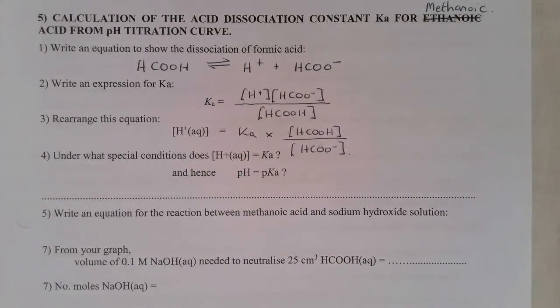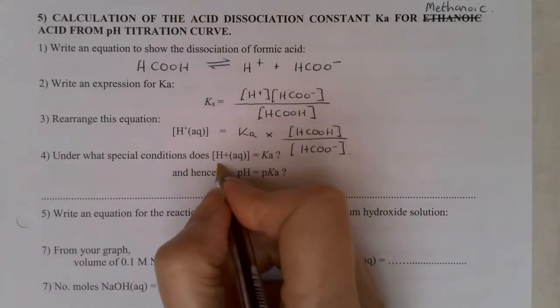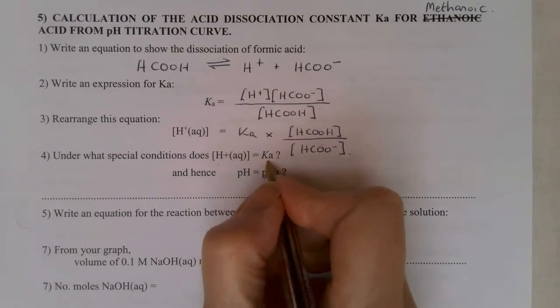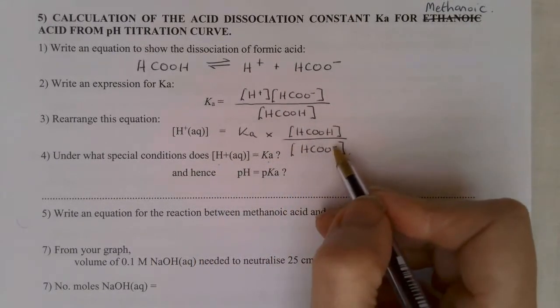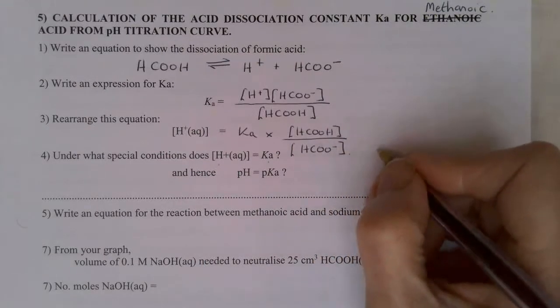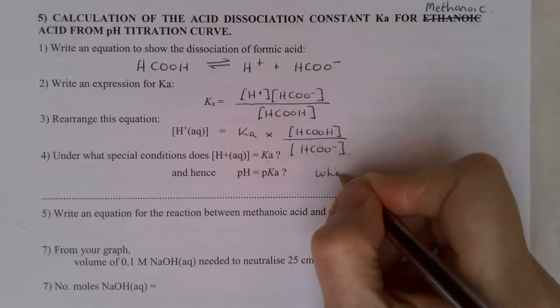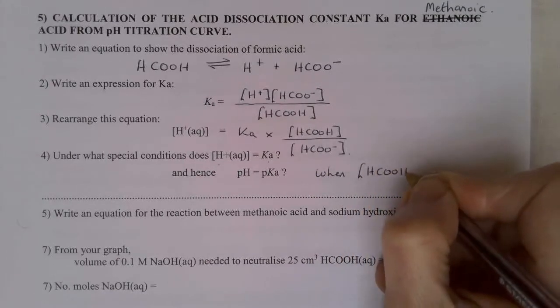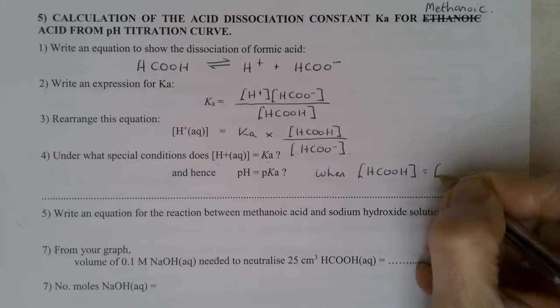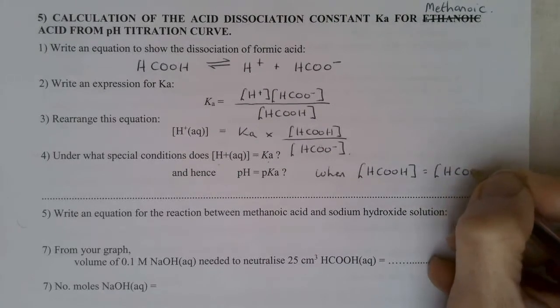And we want to know under what special conditions the concentration of the hydrogen ion equals Ka. In other words, we need to be able to cancel this term. So we need to know when the concentration of the acid equals the concentration of the salt.